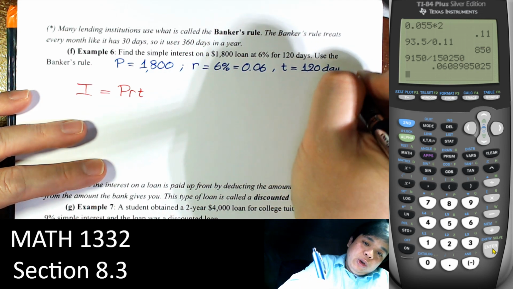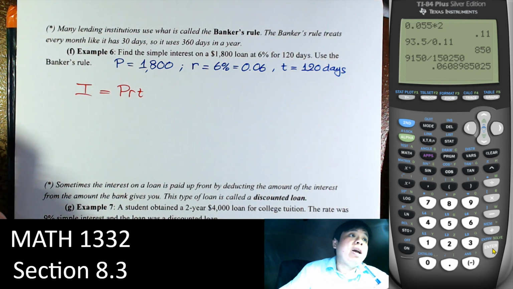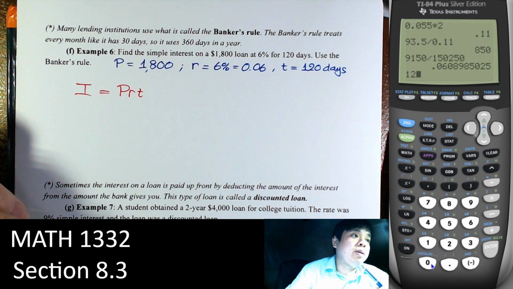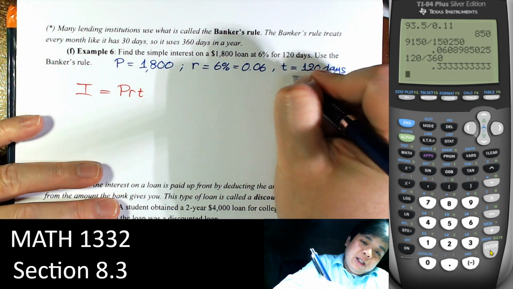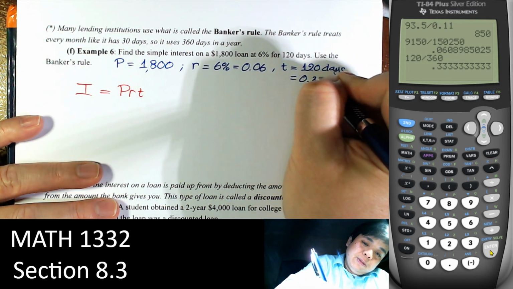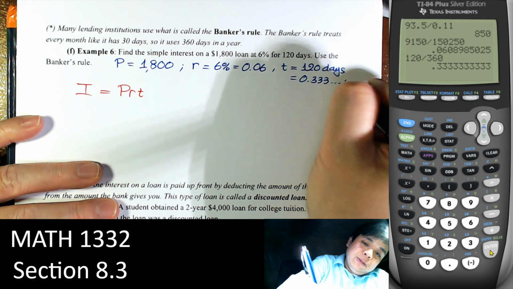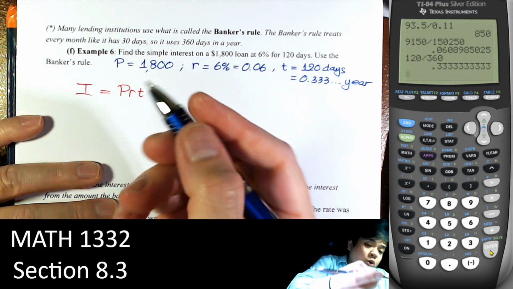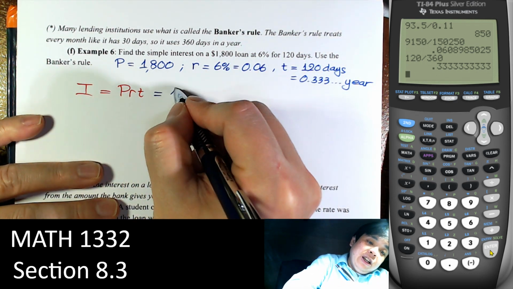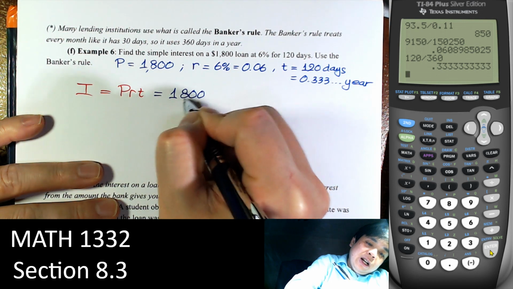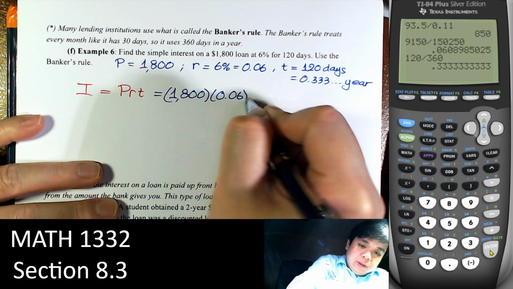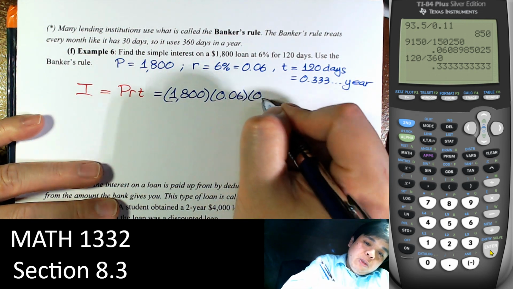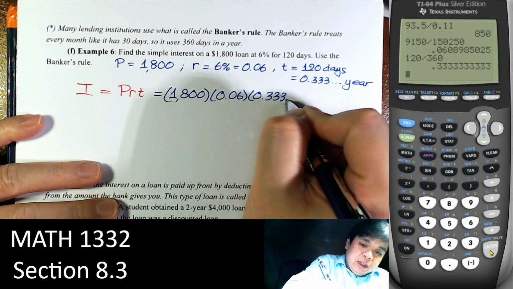Now if we want to use the banker's rule, we just divide that by 360. So we have 0.3333 something. Right. So the interest, put everything here. 1800, 0.06, and 0.333 something.